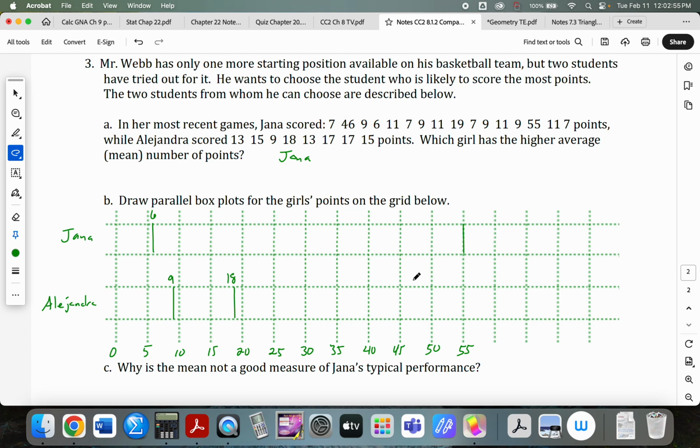All right. You've been roasted. So let's see if you got these. I got that for Jana, the minimum was 6, and the first quartile was 7. The median was 9.